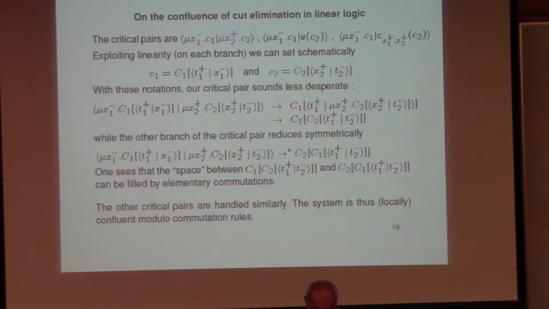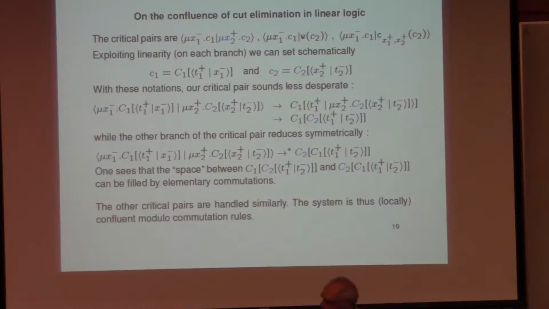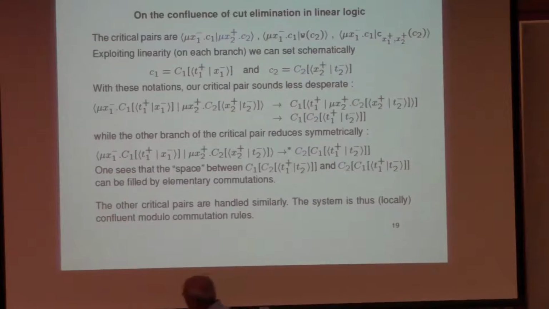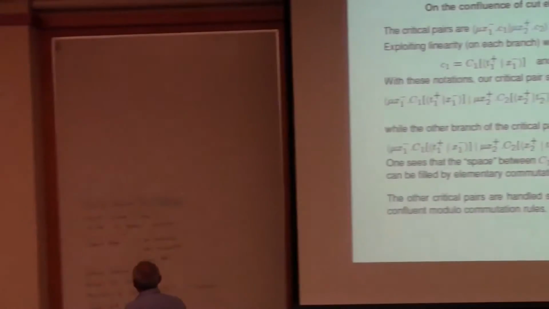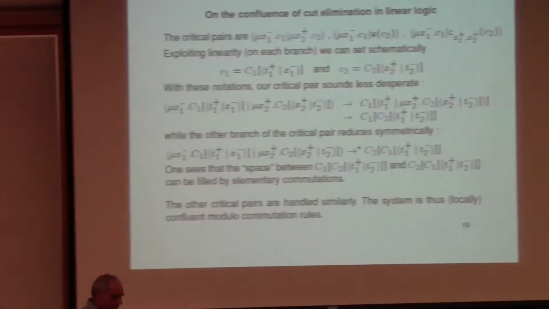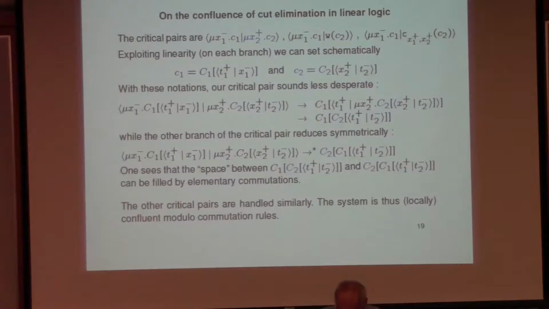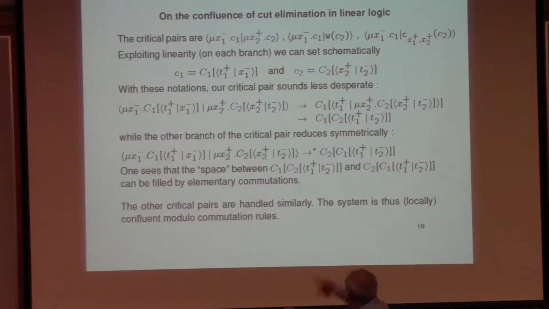So then I must recall you that I also tried to discuss the question of confluence, and I tried to analyze one of the critical pairs that arise in linear logic, and there are actually two other critical pairs which I didn't highlight, but they are on the first line, and you can believe me, they can be treated well.